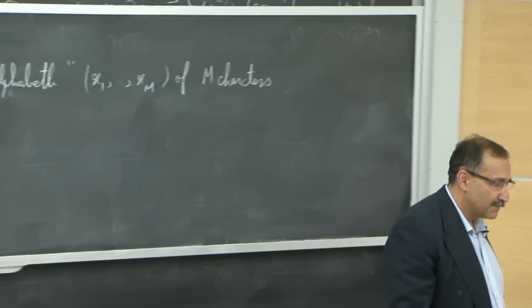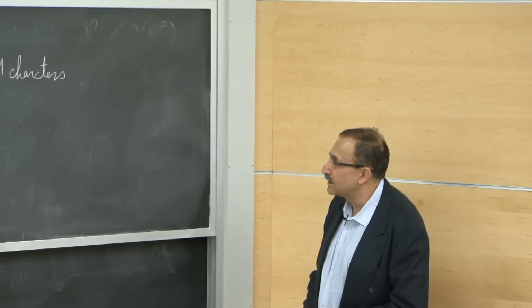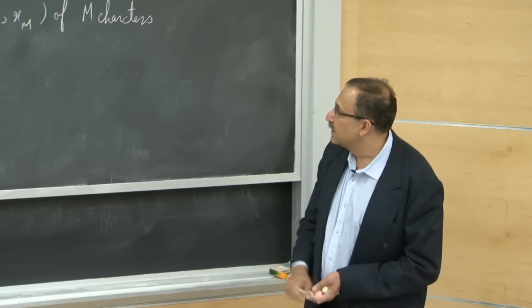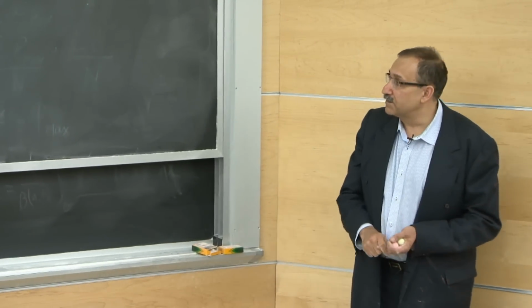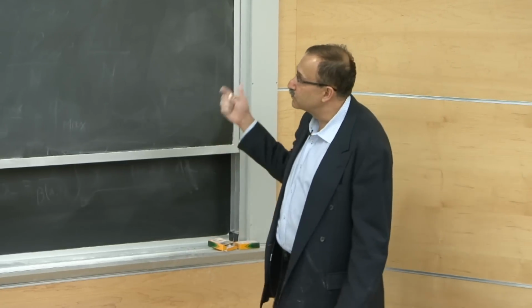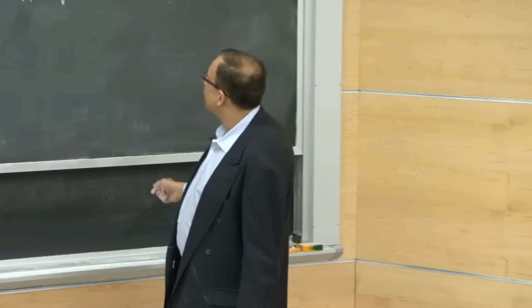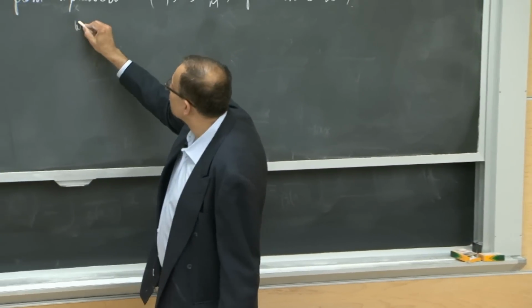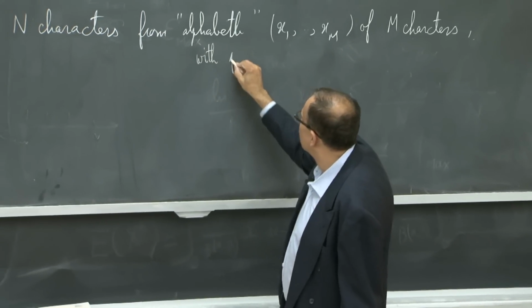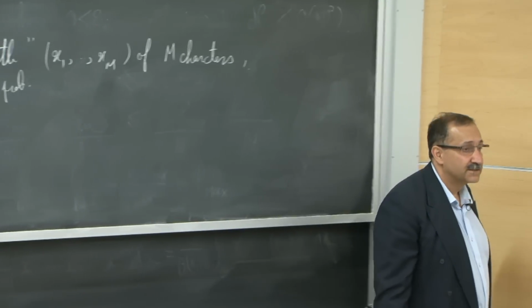So, for example, if you are sending a message in the English language, you would be using the letters A through Z. So you have m of 26. And maybe if you want to include space and punctuation, it could be larger than that. But let's say if you're dealing with the English language, the probabilities of the different characters are not the same.